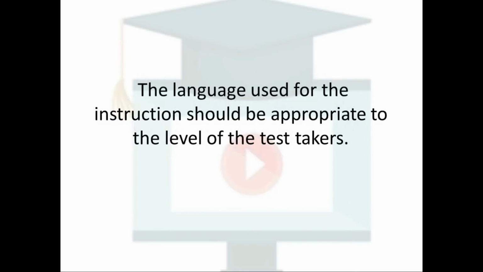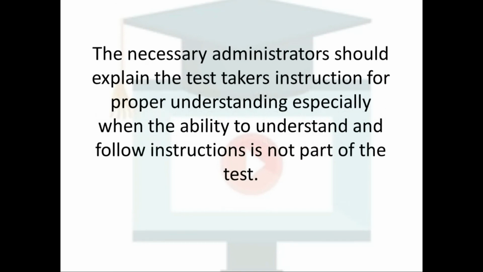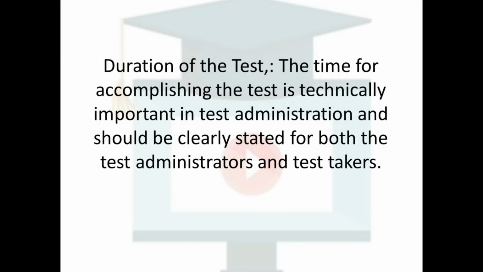The language used for the instruction should be appropriate to the level of the test takers. The test administrators should explain the test takers' instruction for proper understanding, especially when the ability to understand and follow instructions is not part of the test.